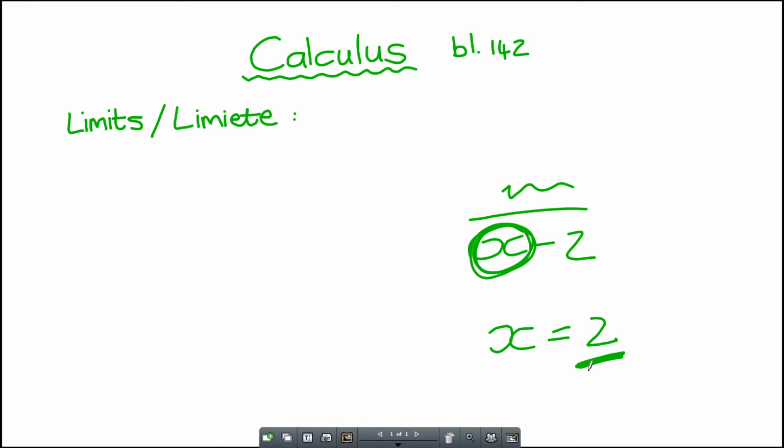Nee? The same thing is happening if I move from the other side. So x is 0, x is 1, x is 2. Also moving towards 2. Do you guys understand what I mean? If the same thing is happening on both sides, then it will be a function. Okay? Or the function will have a limit, sorry.